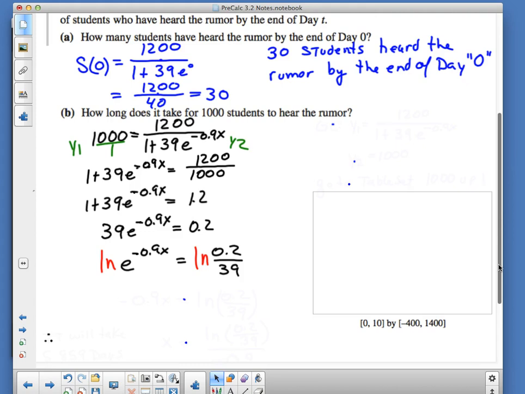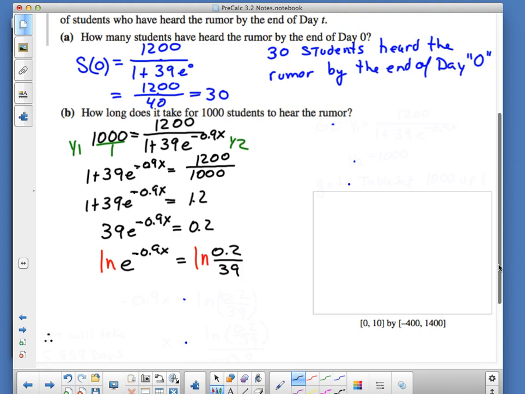So here's the thing. What does the natural log do? If I take the natural log with the same base as what I'm doing here, I'm asking you to come up with the power. The natural log is asking what power I would take base e to, to get e to the negative 0.9x power.